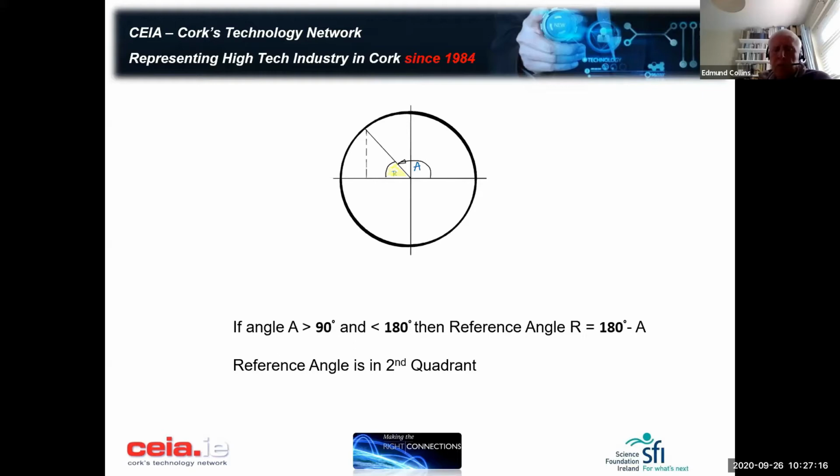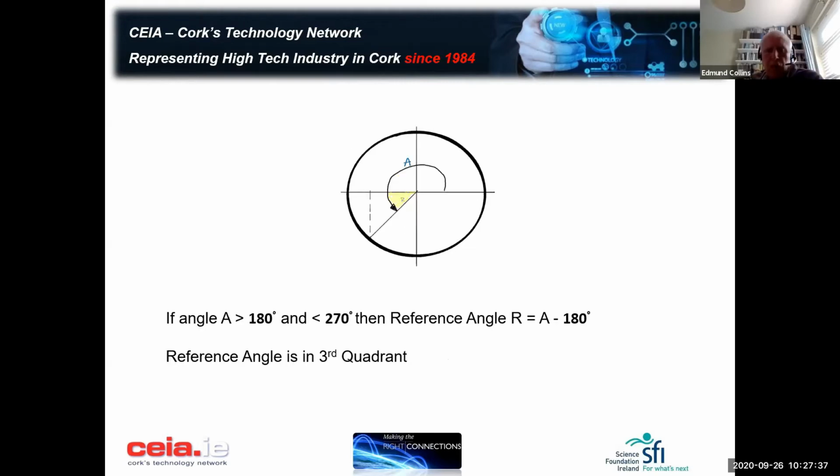So the reference angle in this case is 180 degrees minus A. So if we were to rotate 135 degrees, then the reference angle would be 45 degrees, 180 minus 135. And the reference angle in this case is in the second quadrant.